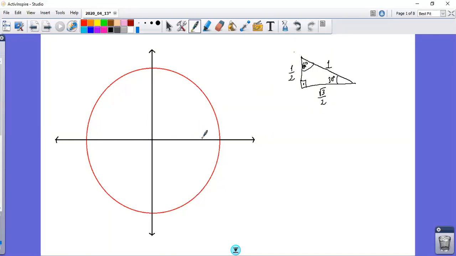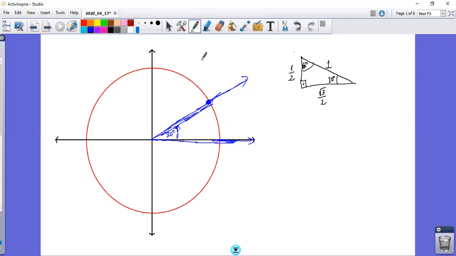Okay. So I'm going to start with 30 degrees. This axis is always my initial side. So this is going to be my terminal side, right? This is 30 degrees. So this is our intersection point.